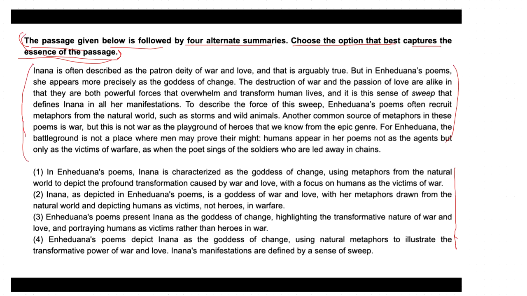While we are going for the summary, what are the things we're supposed to see? Our summary must be one third of the original text, and it must be free from all kinds of grammatical errors.